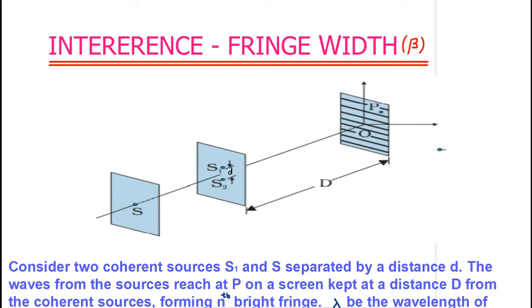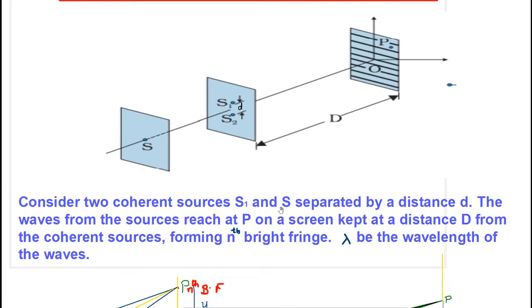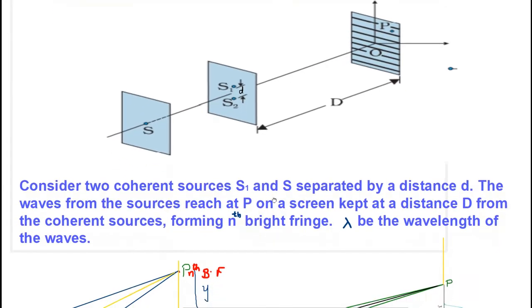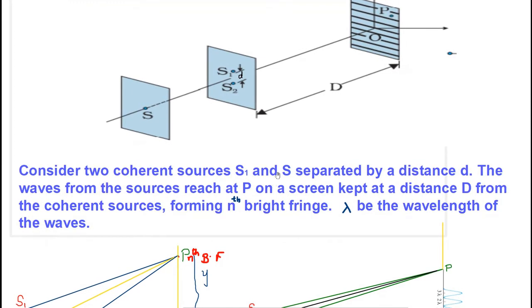The fringes are alternately bright and dark, the bright fringes are equally bright, and the dark fringes are equally dark. The distance between two consecutive bright fringes or two consecutive dark fringes is the fringe width beta.